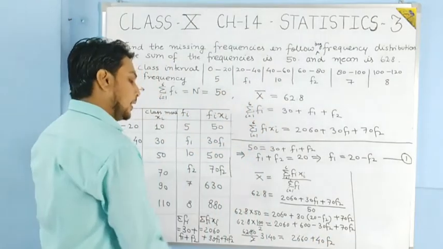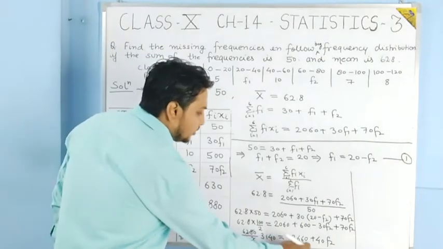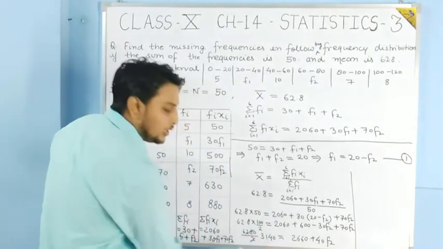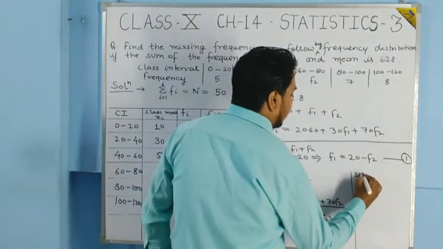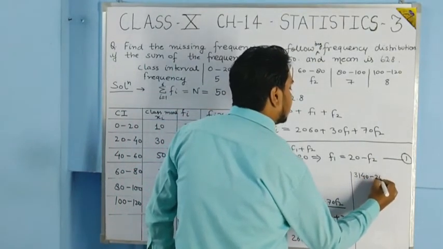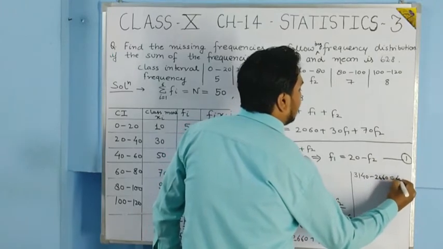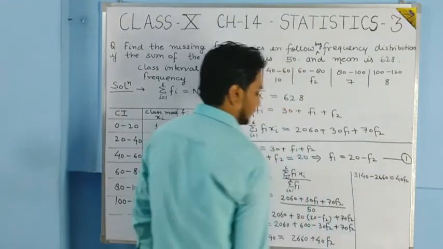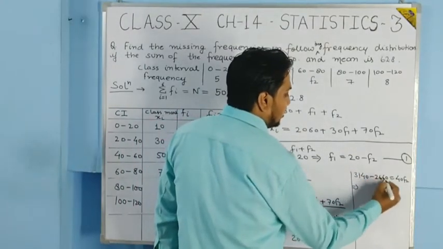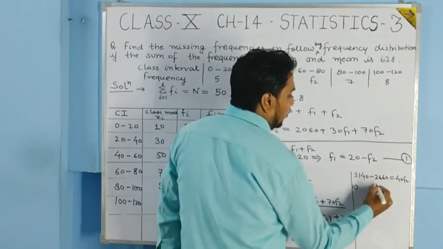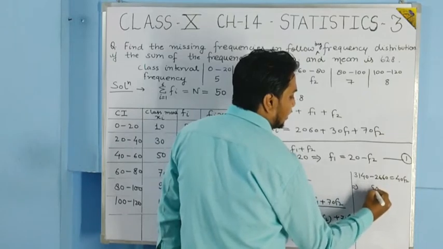So students, in the simplified form, if we shift this 2660 to the left hand side, what we will get? We will get 3140 minus 2660 is equal to 40 F2. Now just subtract it. 0 minus 0, that is 0. 14 minus 6, that is 8.